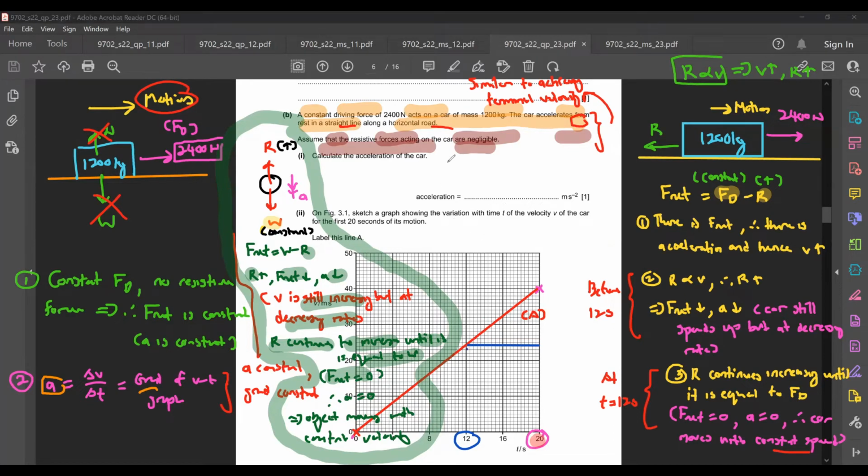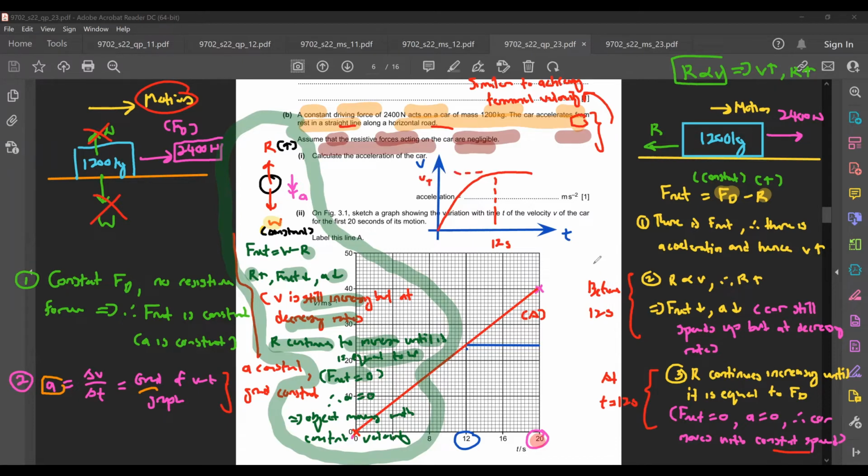The general shape of your graph in terms of velocity-time should have been like this, where this one was 12 seconds. This is you reaching your terminal velocity.